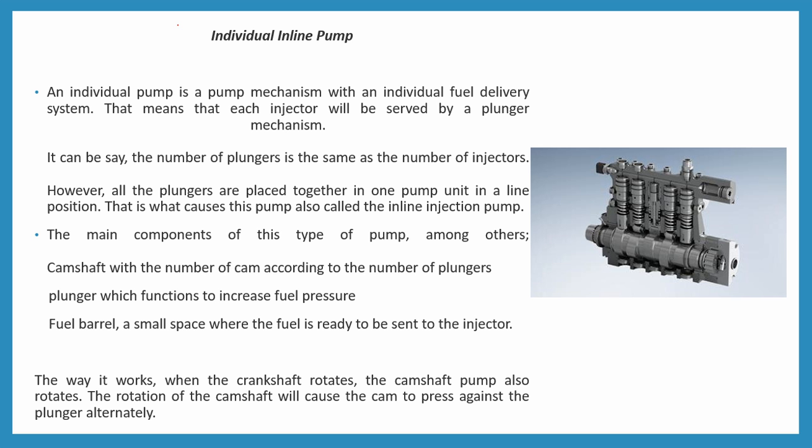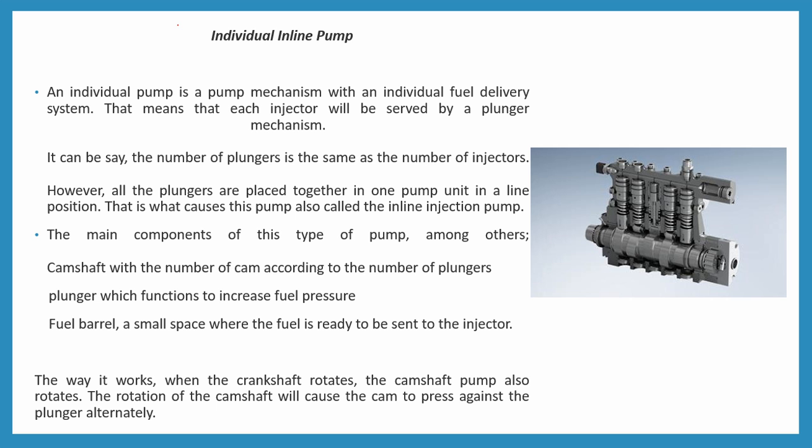The number of plungers is the same as the number of injectors. However, all the plungers are placed together in one pump unit in a line position. That's why this system is called the inline injection pump.